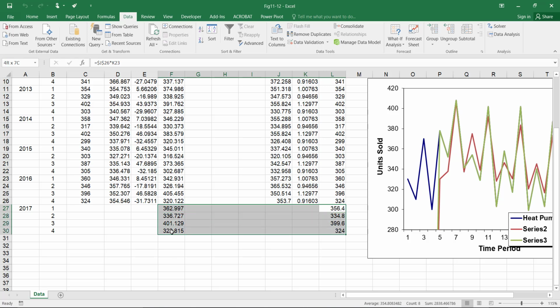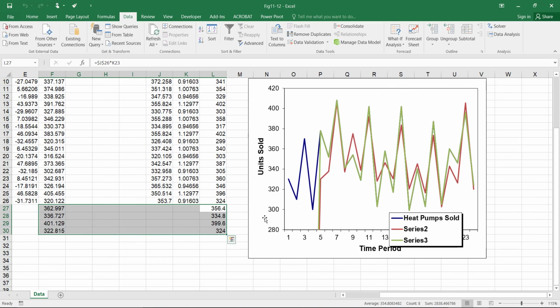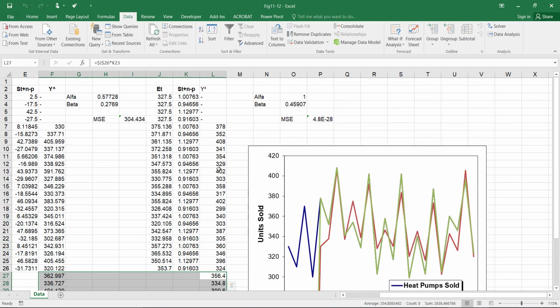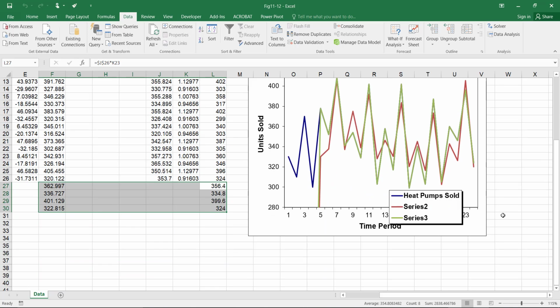You can compare the forecasting values, they are in the same range. So we can use either way, but it seems that the multiplicative is doing well on the observations that we have in terms of the MSE, so we can rely on the forecasting based on the multiplicative.